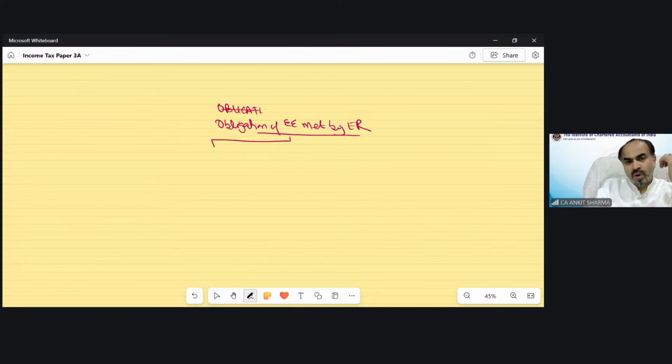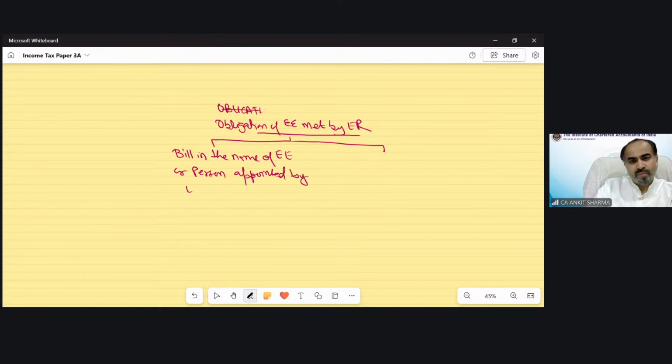So there would be one situation in which the bill is in the name of employee or person appointed by employee, as driver appointed by me, etc. But the payment is made by employer.